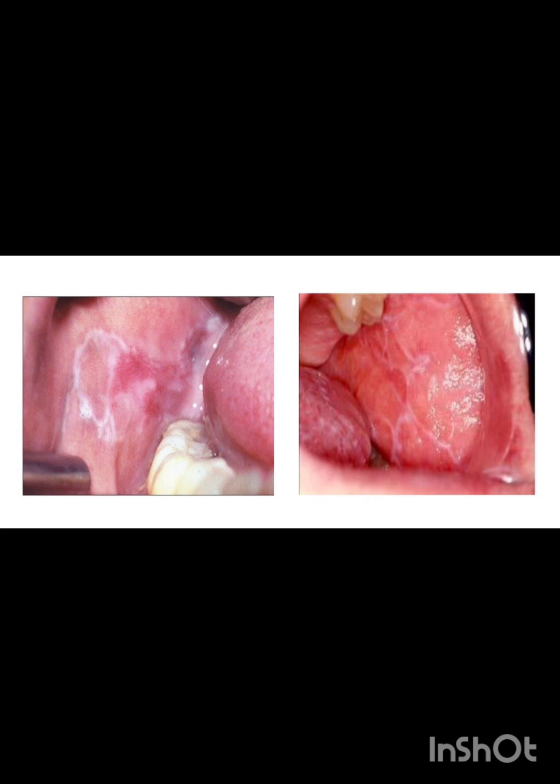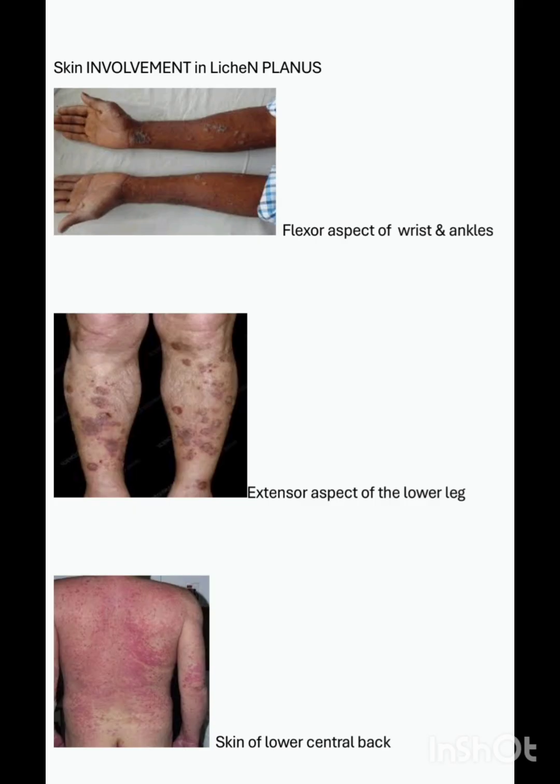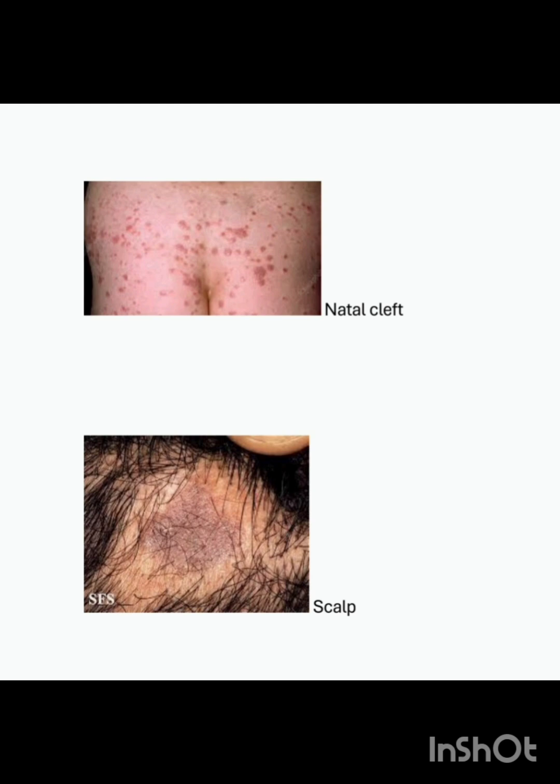Moreover, the skin involvement presents as purple pruritic papules mainly seen on the flexor aspect of the wrist, ankle and extensor aspect of the lower leg. It can also affect the skin of the lower central back area and natal clefts. In the scalp, it leads to scarring and scaling, which may cause alopecia, that means hair loss.